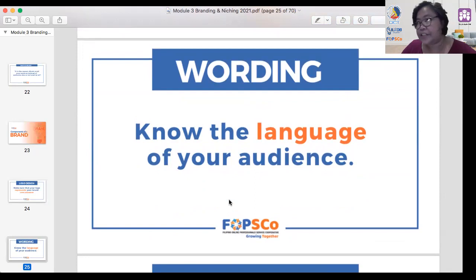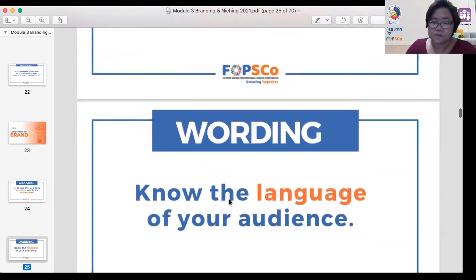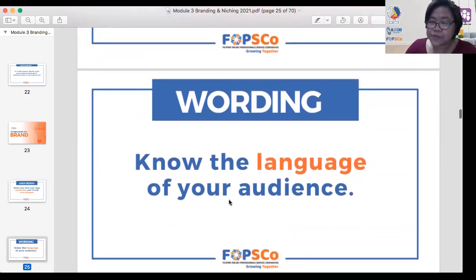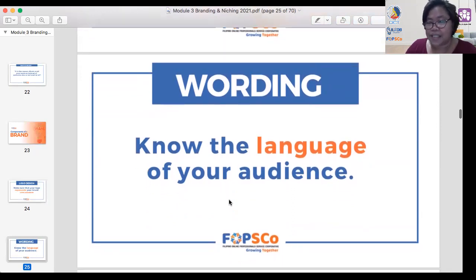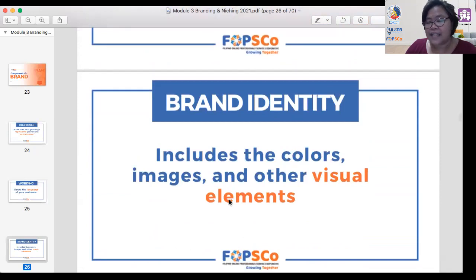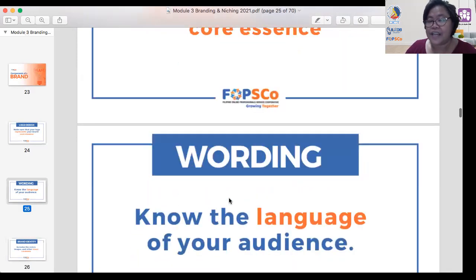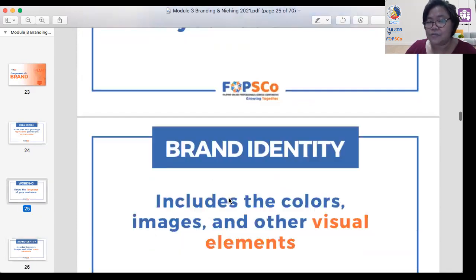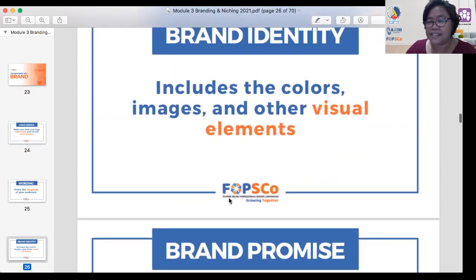If you have a particular product, kailangan it would fit your audience. Hindi pwedeng mismatch siya. And then brand identity. From the logo and the name, you should include colors, images, and other visual elements in your brand identity.